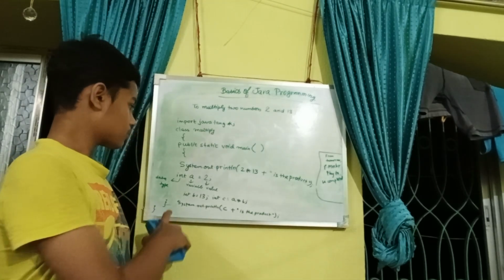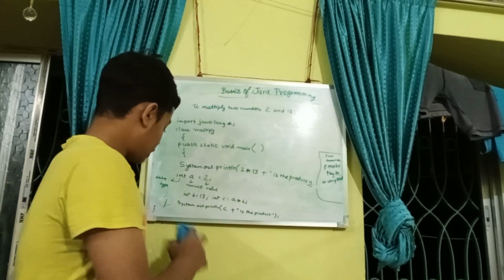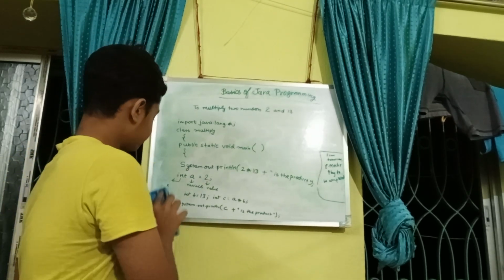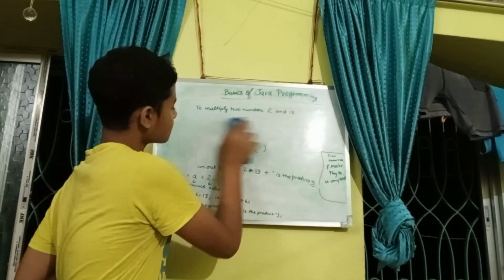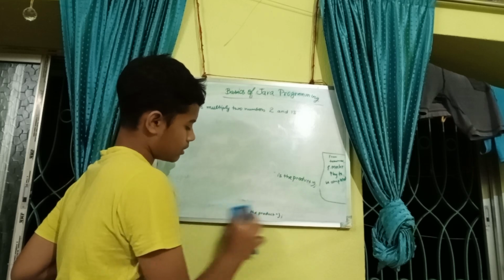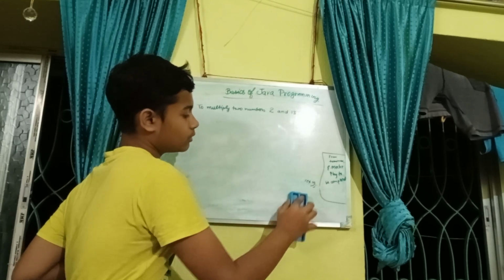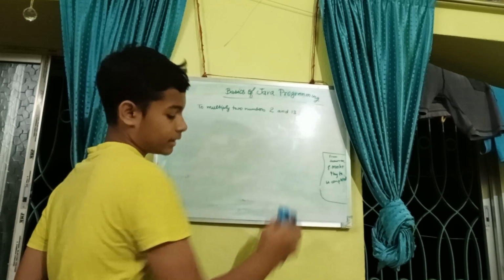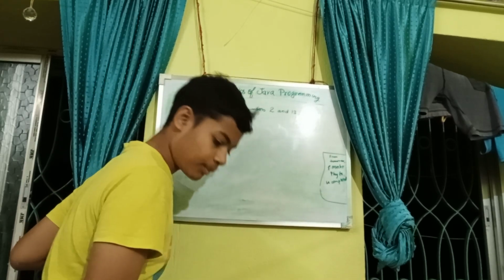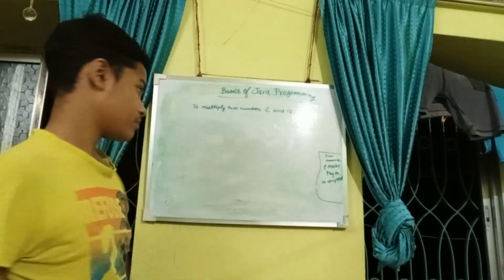Okay, so this is the code or program. I am showing you the output. And there are two println statements. SOPLN means System.out.println. Println means after printing that statement, the cursor will automatically come to the next line.